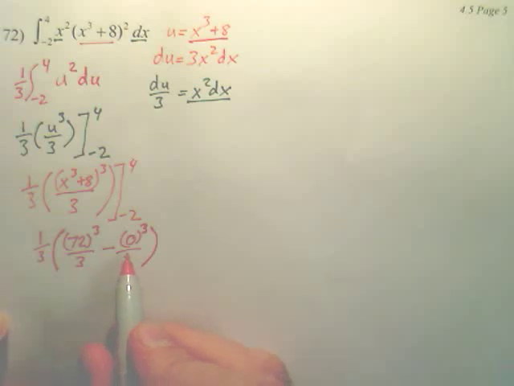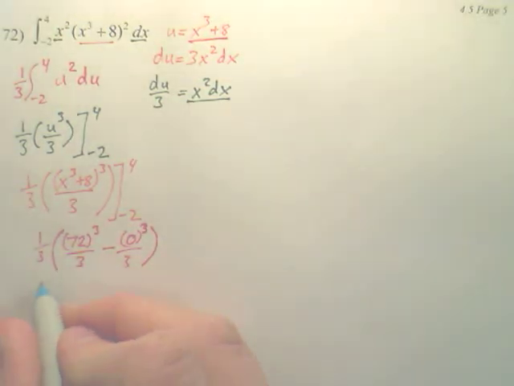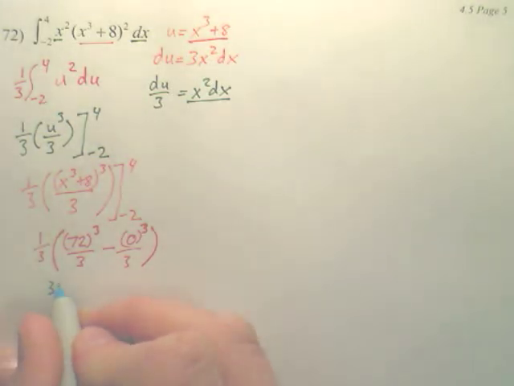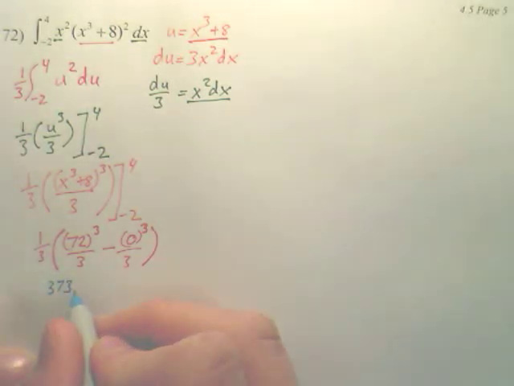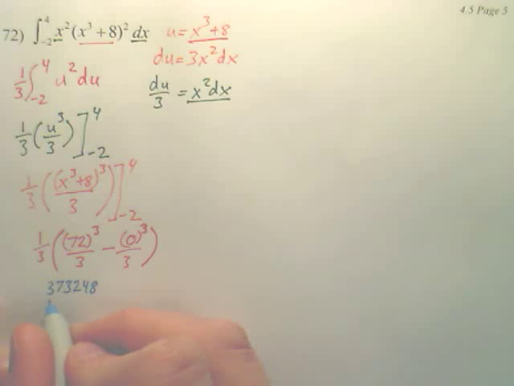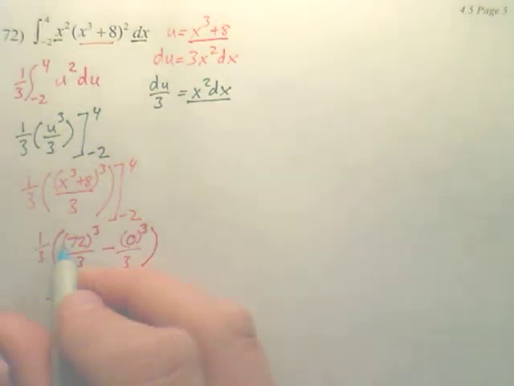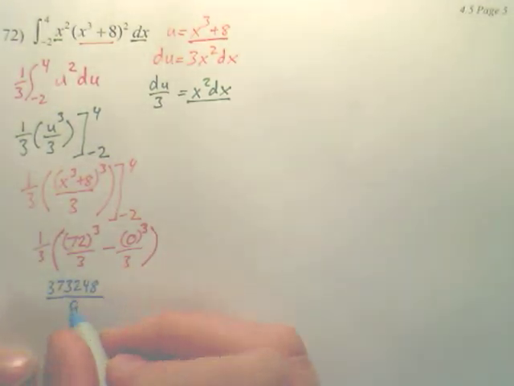Alright, that one's easy. Alright, someone got 72 cubed over 3? I'm actually going to distribute the 1/3 right now. It's 3, 7, 3. 248. Nice small number. I'm just distributing the 3, so we're going to have a 9 here.